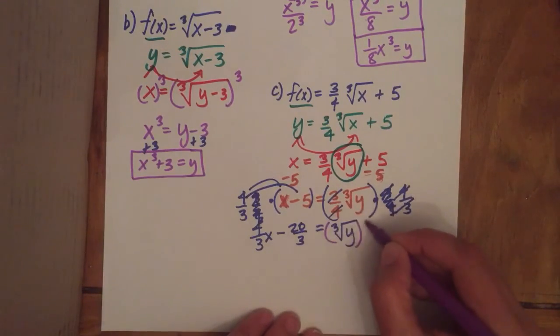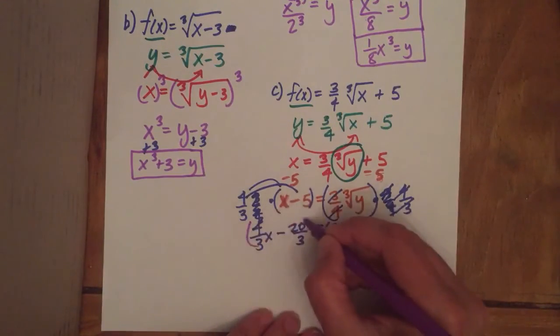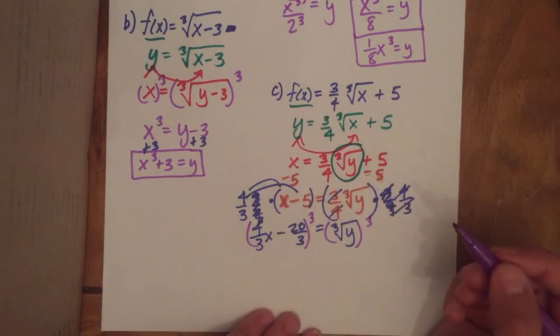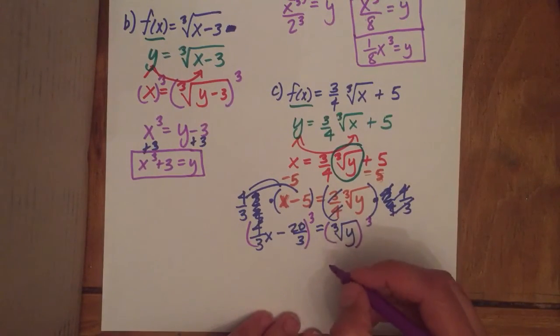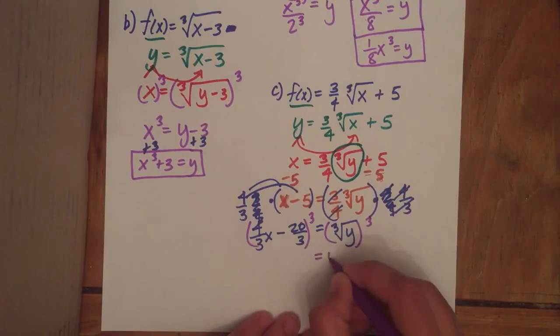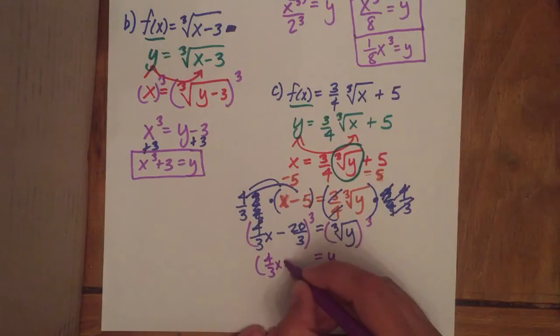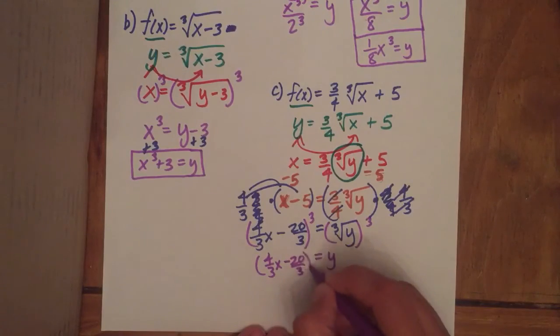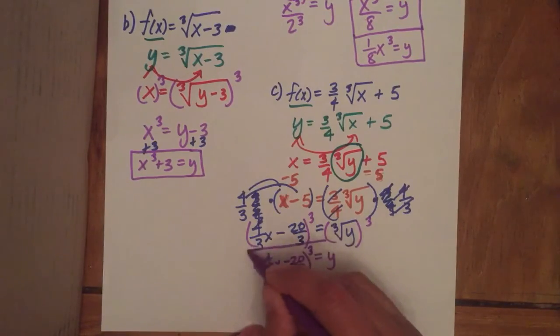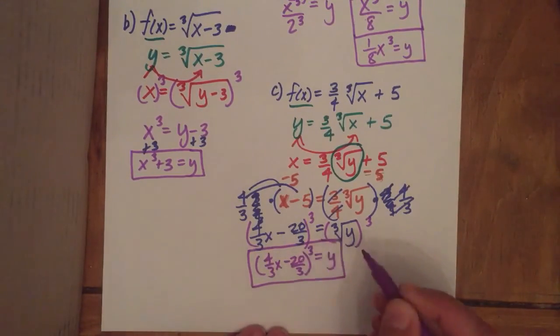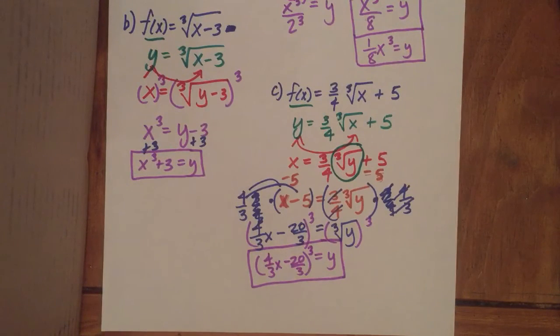So I'm going to cube both sides. And when I do that, I end up with y on this side and (4/3 x minus 20/3) cubed on this side. I am not going to take the time to expand that all the way out because it would be kind of a pain, but that's how you do it.